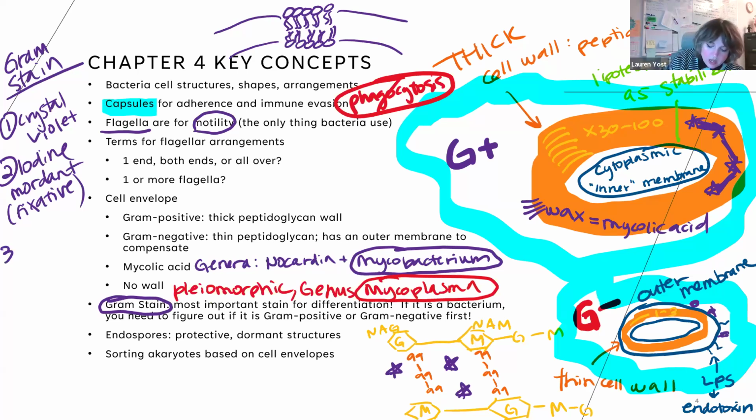And then our next step is our decolorizer, which is ethanol. It will remove any crystal violet that didn't get stuck in place. So again, what would happen with our gram negatives?